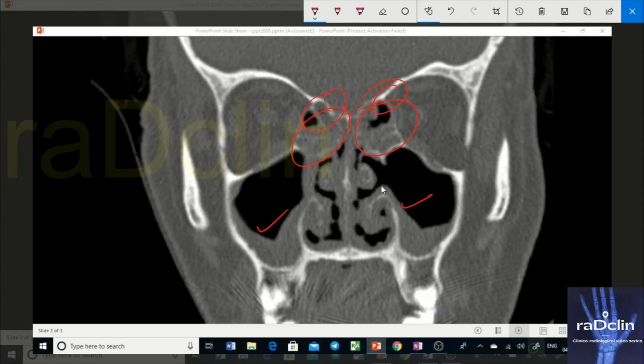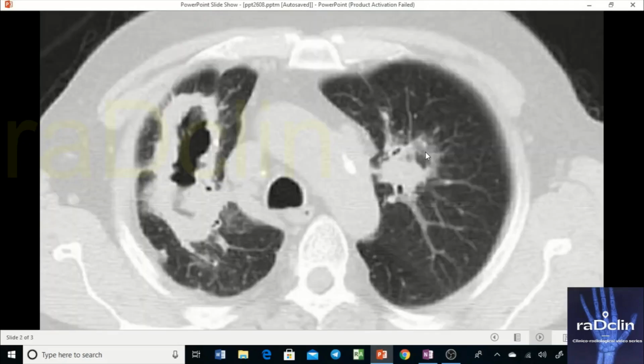It's an NCCT PNS. We do not have any contrast here to look at a probable pathology, but definitely it's a sinusitis, a pansinusitis. So this upper respiratory tract involvement in association with multiple cavitating nodules goes in favor of Wegener's definitely.